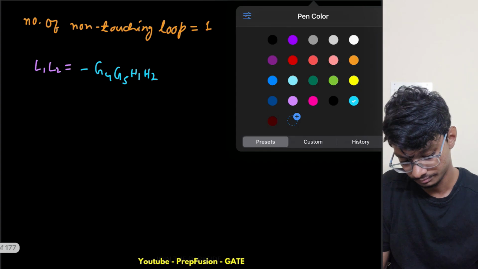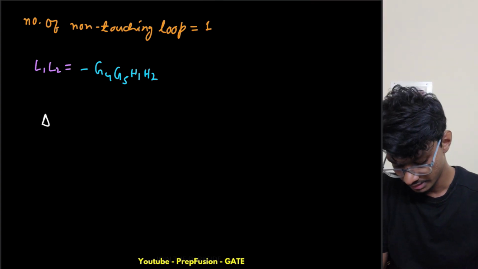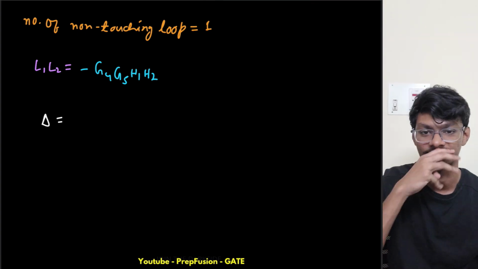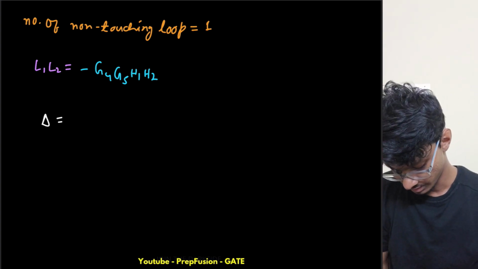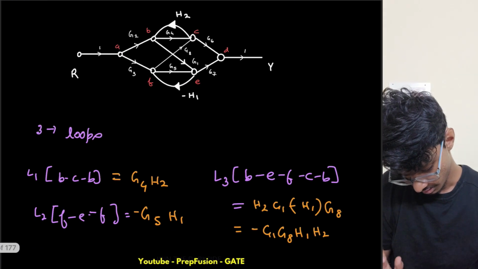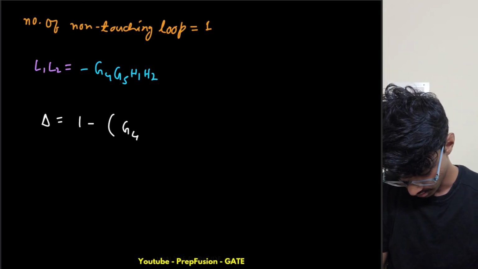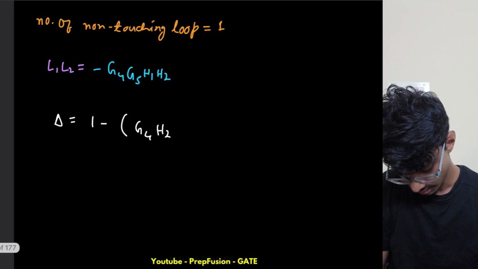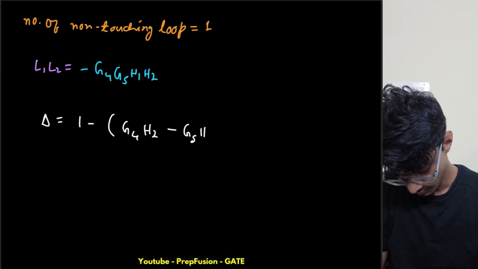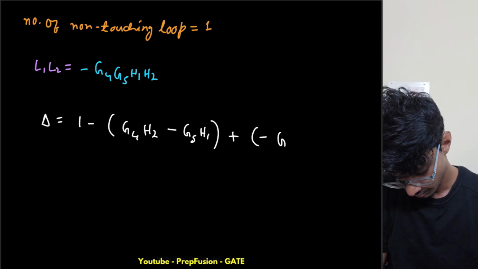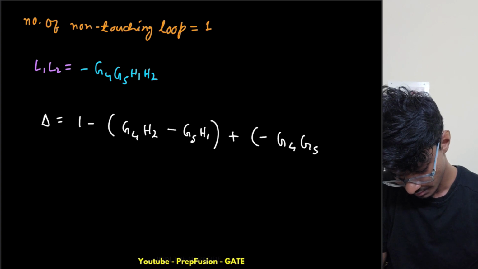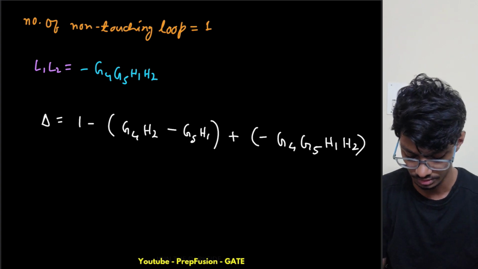Now are there any 3 non-touching loops? No, there are only 3 loops, so there can't be any 3 non-touching loops because the other one is touching both of them. So what is the determinant? It is simply G4 H2, minus G5 H1, plus minus G4 G5 H1 H2, okay?